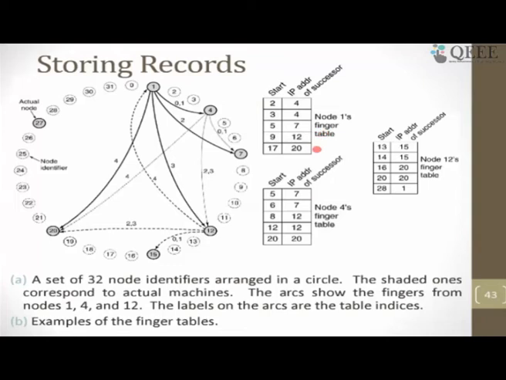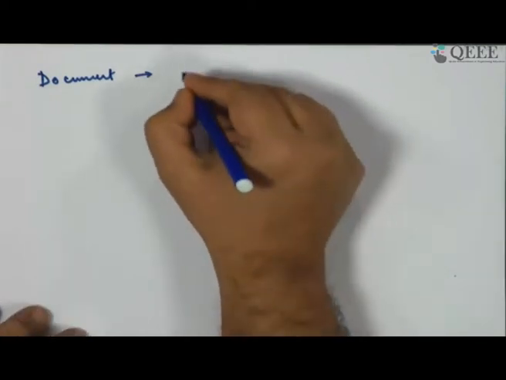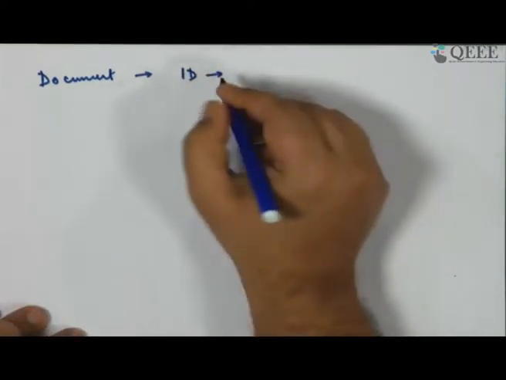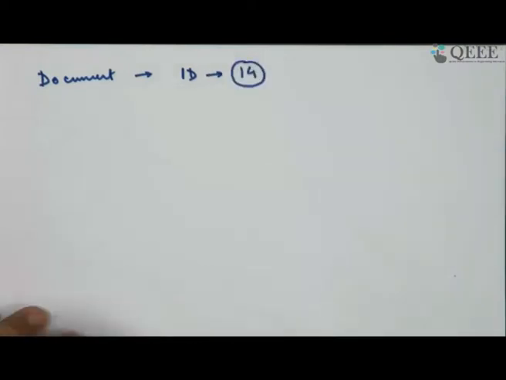Okay, and I have a document with, say, ID. Ultimately, after hashing, it has come as 14. Okay, with ID as 14.